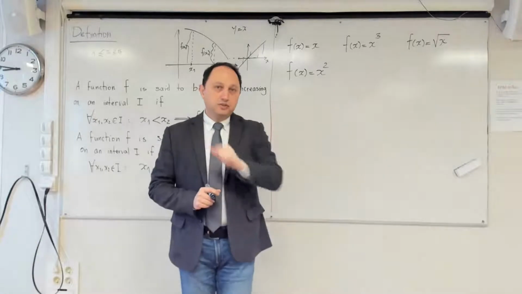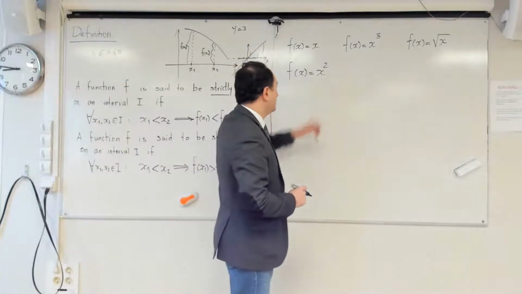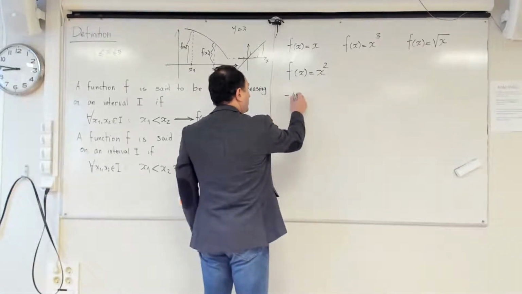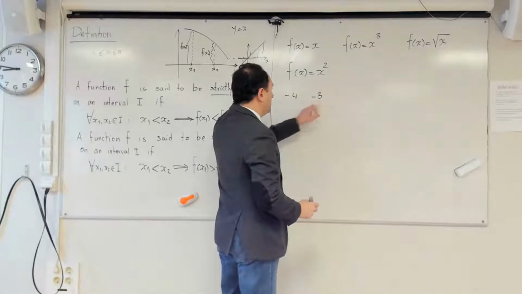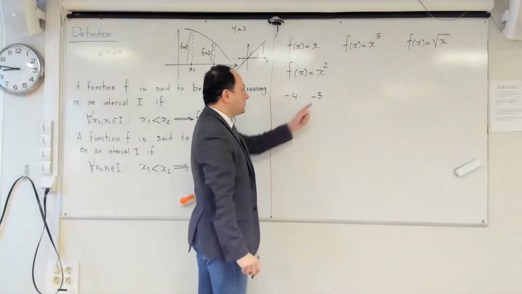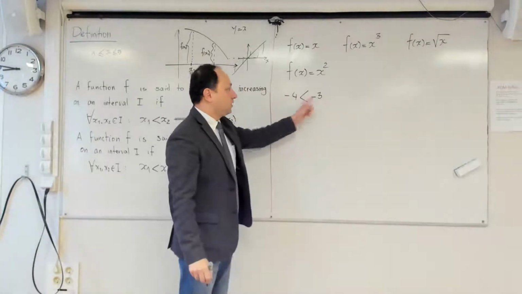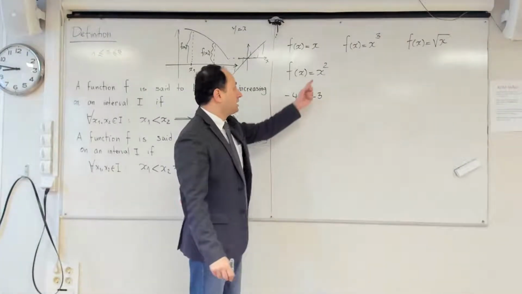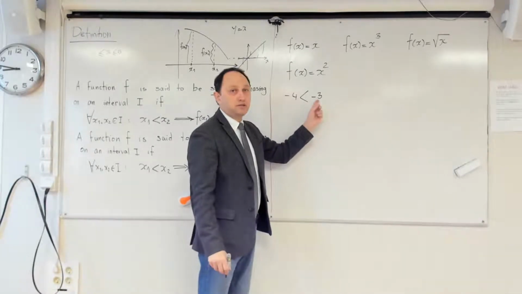But if I go to the negative values, for example, -4 is a negative value, -3 is also a negative value. Which one is smaller? Definitely -4 is smaller than -3. But when I square them, this becomes +16 and this becomes +9.